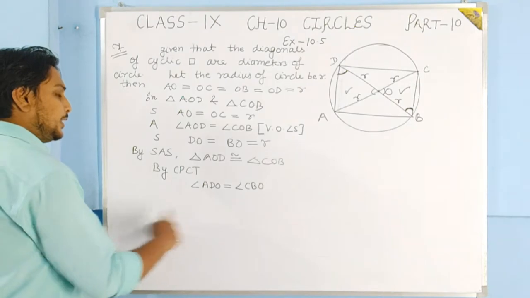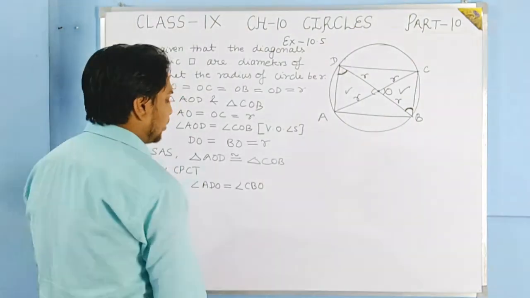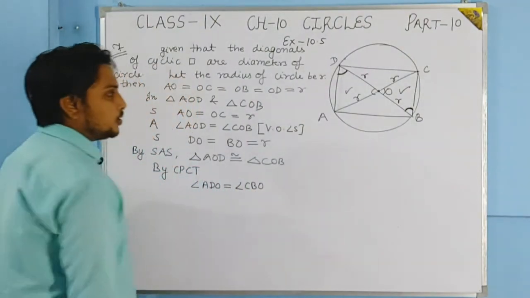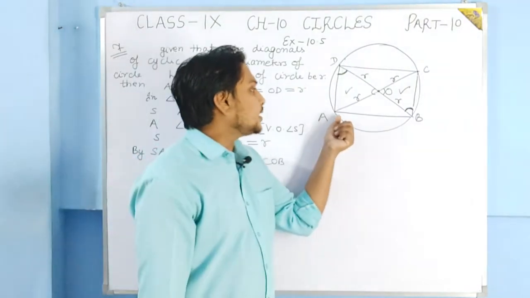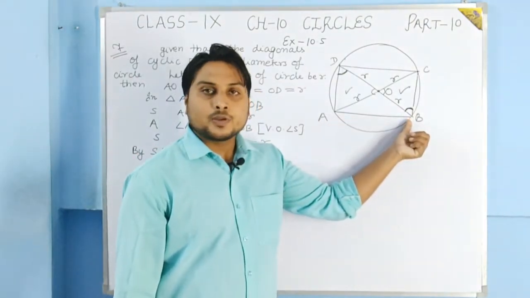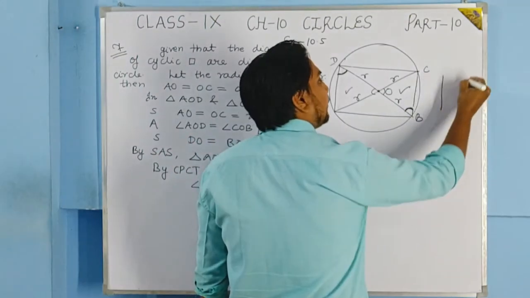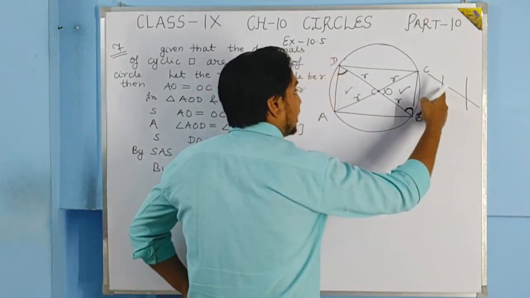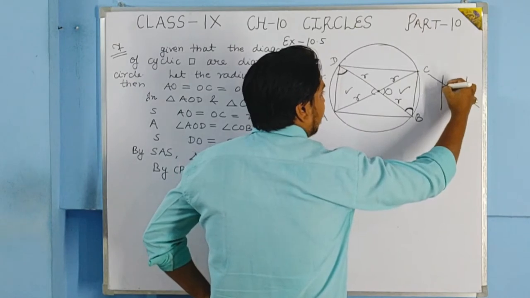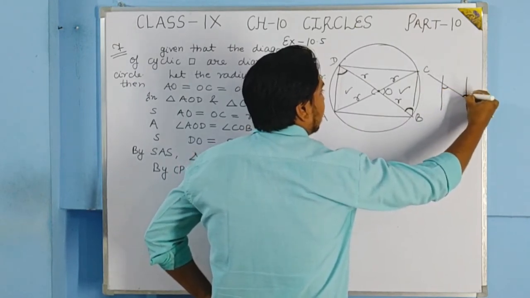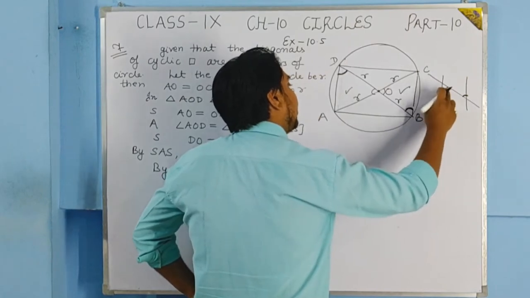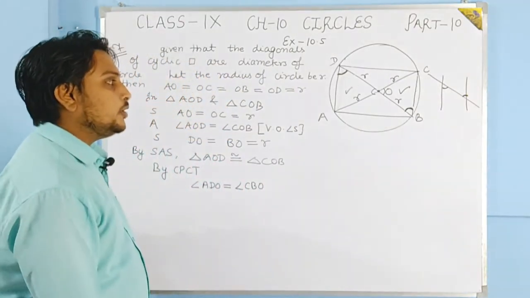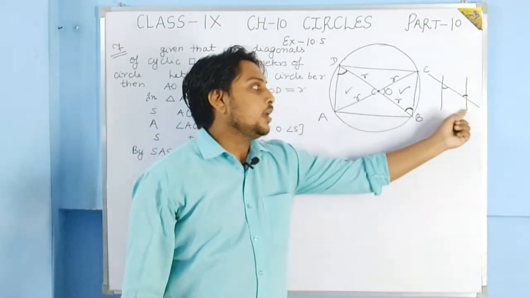Students, if these two angles are equal, and also you can see that they are the alternate pair of angles, means if we consider the side AD and side BC, if two sides are there and there is a transversal, and if you are saying that this angle is equal to this angle, then what we used to say, that if this condition is following, then we say that these two lines are parallel to each other.